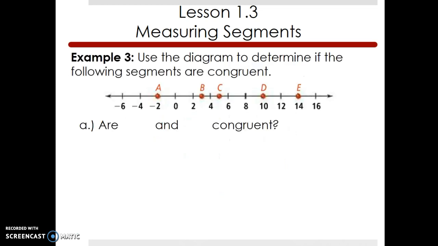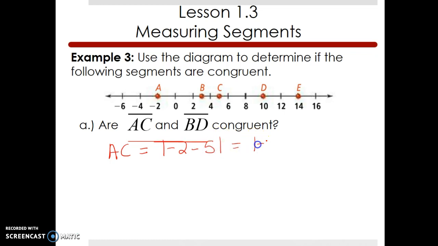So we'll do some practice problems with these. It's asking, are AC and BD congruent? Let's try it out. AC is -2 and -5. It looks like the absolute value of -7, which is 7.